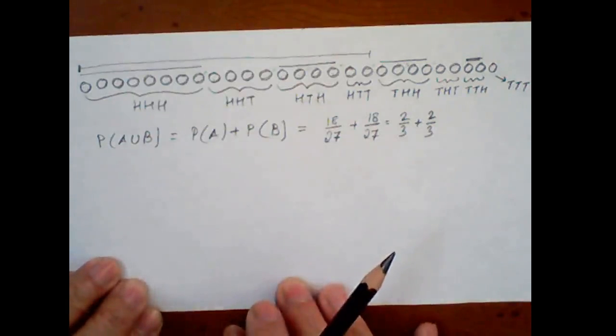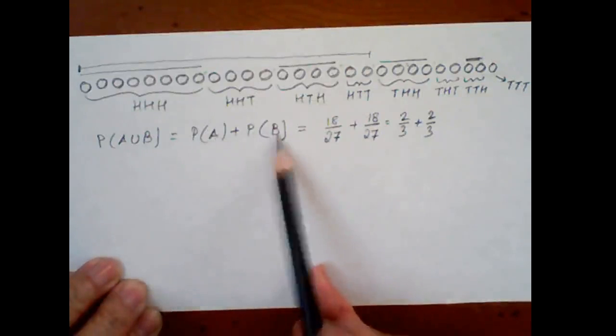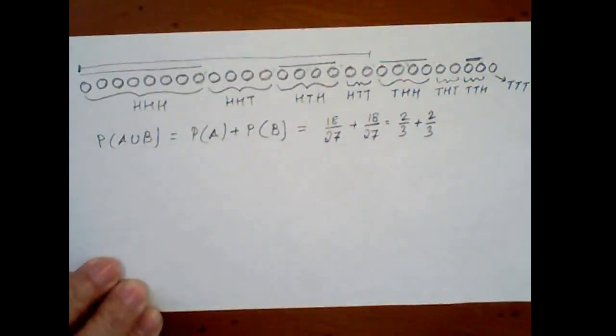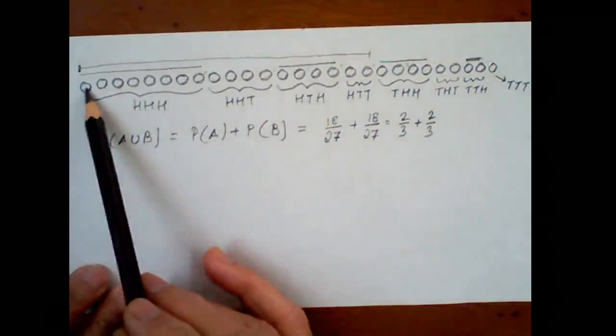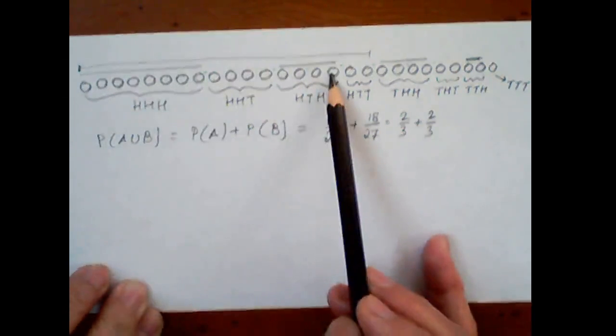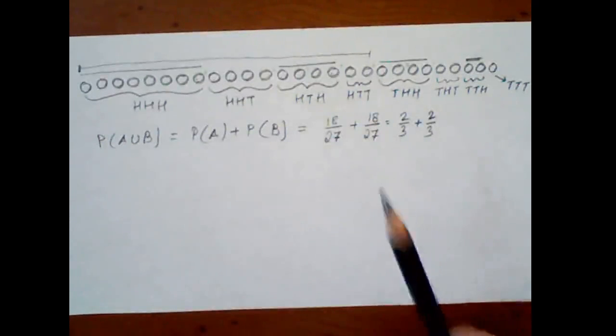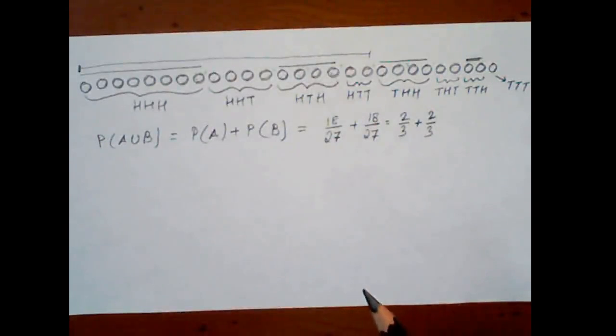Okay. Now, when we were considering P of A plus P of B, what happened was that these 8 circles and these 4 circles happened to be counted twice, isn't it?